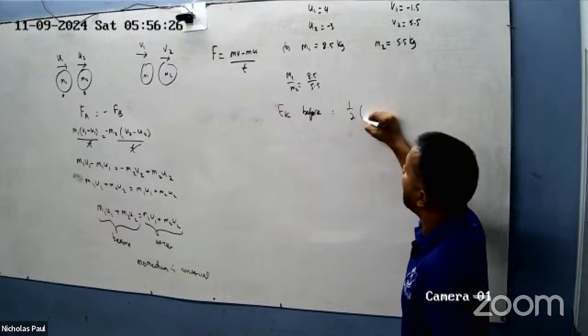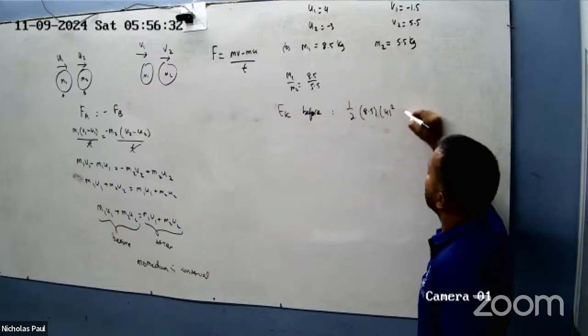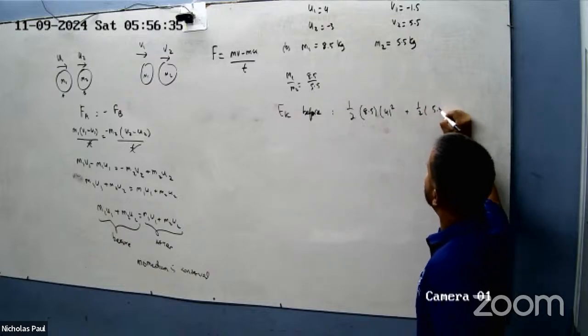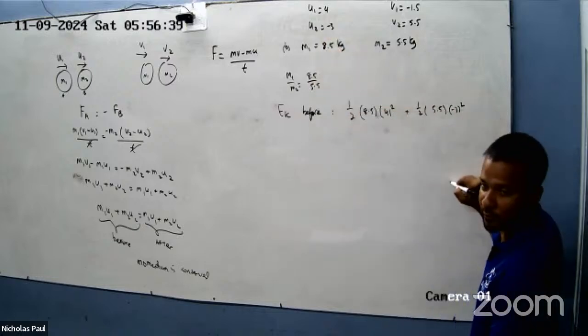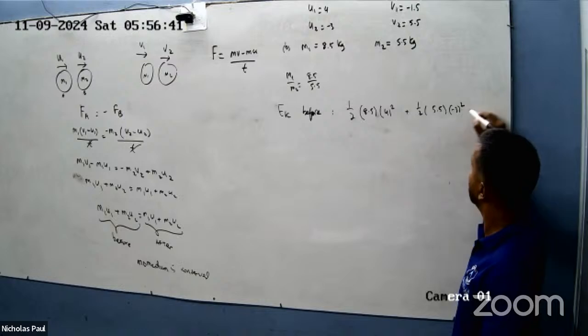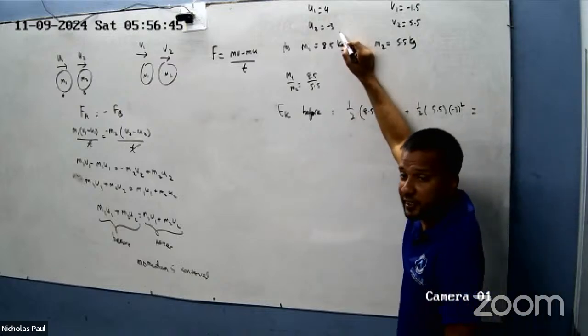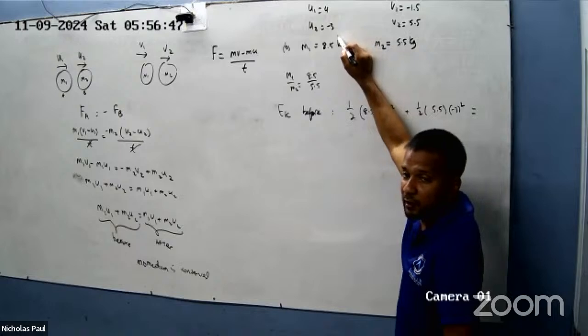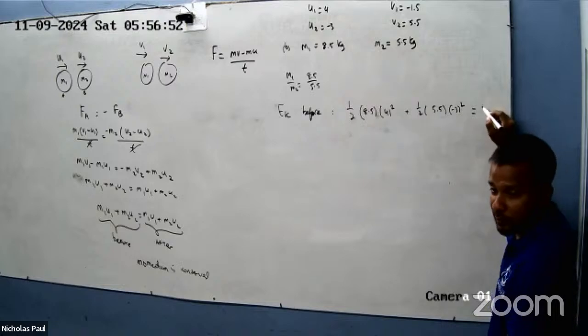That'll be a half by M1 by 4 squared plus a half by 5.5 by minus 2 squared. Remember they gave you these speeds earlier, Darian? In the seventh question, they gave you those values. So how much is this?